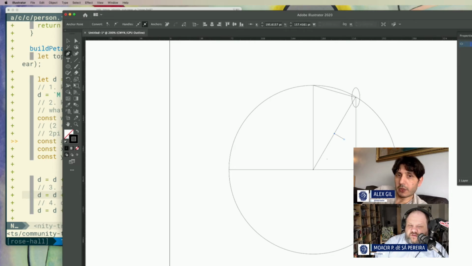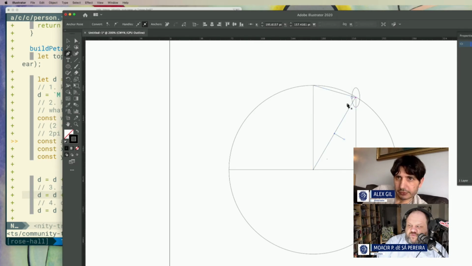And if I'm not mistaken, that line is parallel to the... No, it's not parallel. Well, it's not hard to create because it's a 90 degree. You can just create a 90 degree. Right. So how do we get this point?